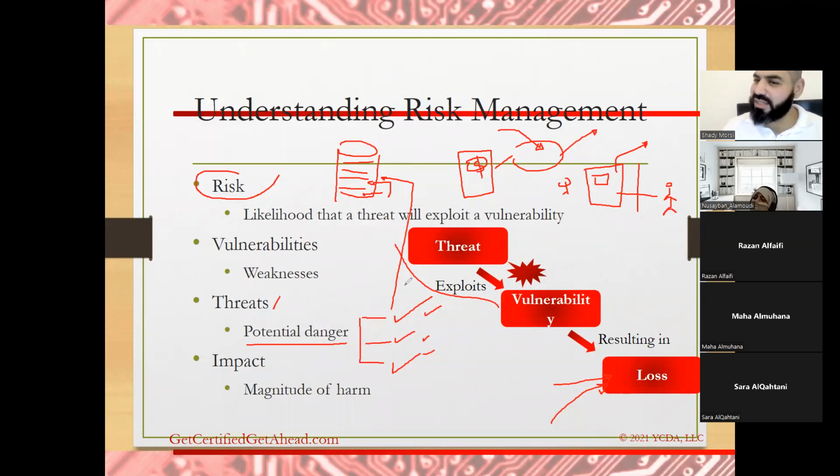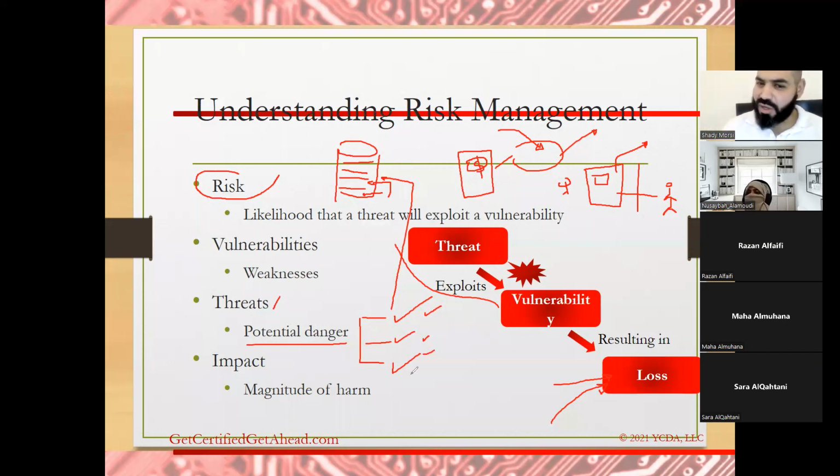He compromised your integrity. This data I cannot trust anymore because the attacker maybe added some malicious lines of code or rows in this database. So we mentioned yesterday, threats are potential dangers, things that can harm us. How can they harm us in a more technical way? They can compromise our confidentiality, integrity, or availability.